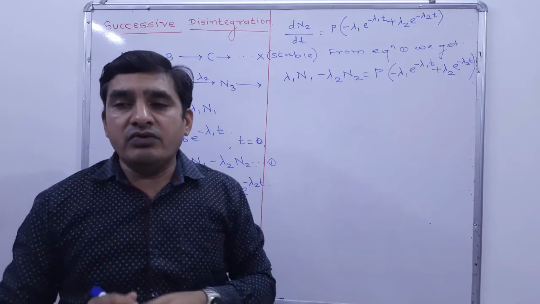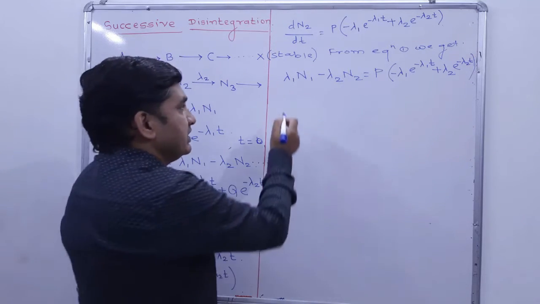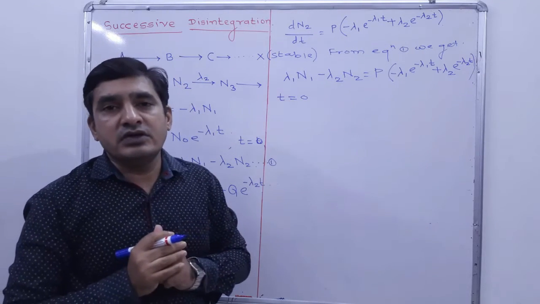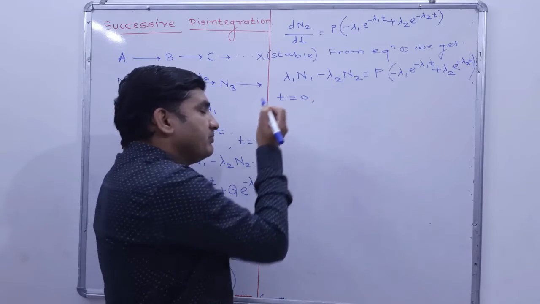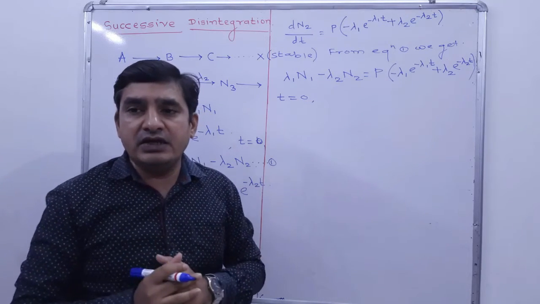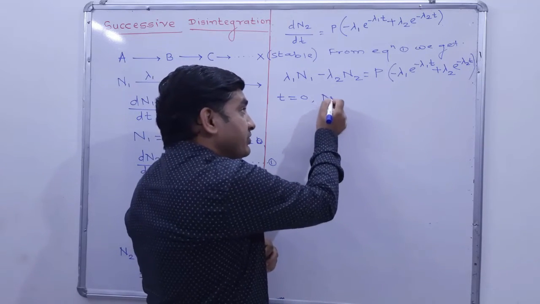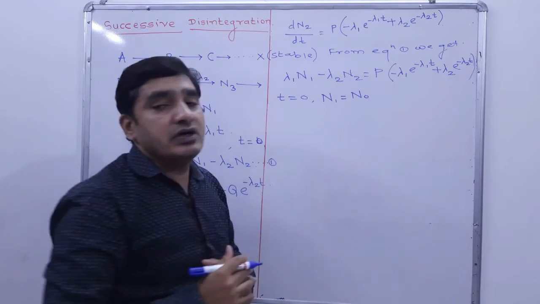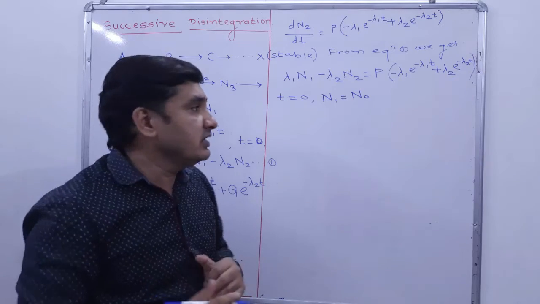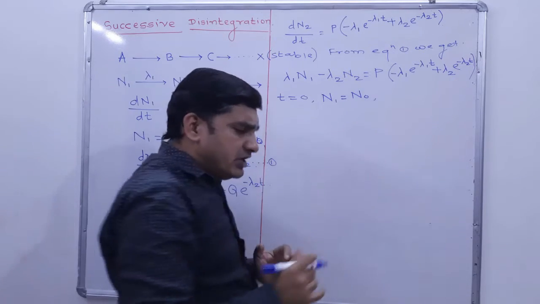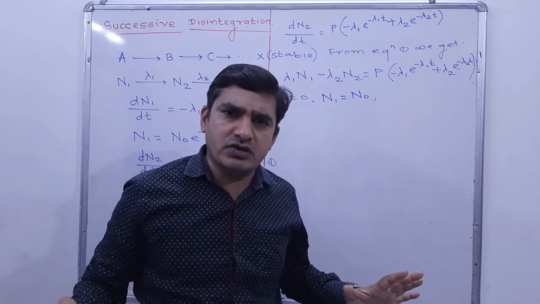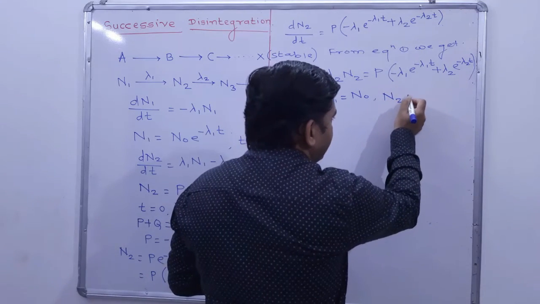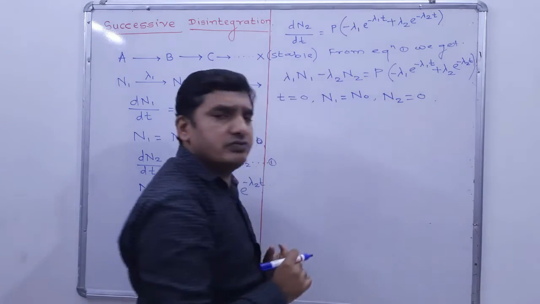Now if we consider t is equal to 0, then the number of radioactive nuclei for the parent N is equal to N0, and there is no formation of a daughter. Therefore we can say that the number of radioactive nuclei for the daughter is equal to 0.